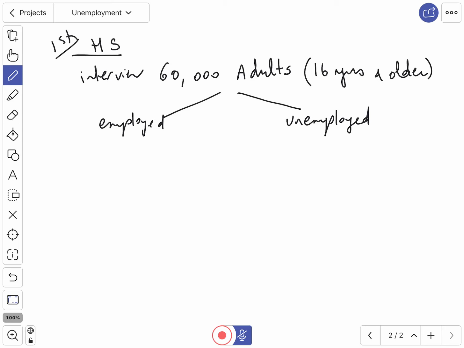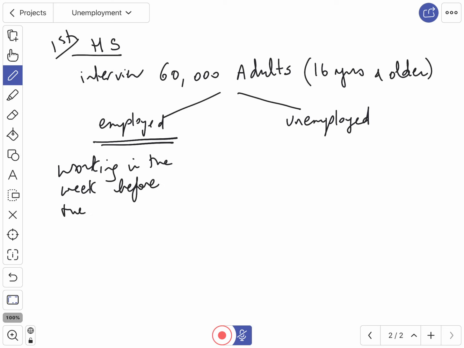So for being employed, you have to be working in the week before the survey. So this person who is employed must be working in the week before the survey. So when the people from the Bureau of Labor Statistics come and ask you during the interview, are you working?